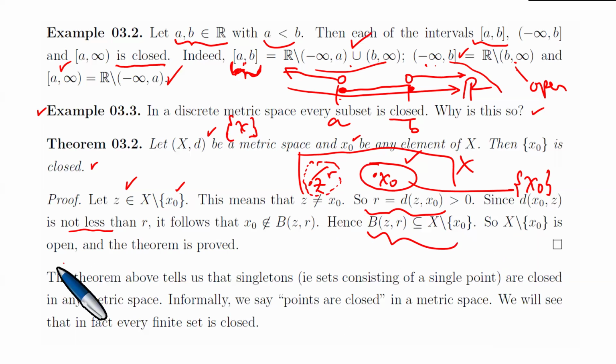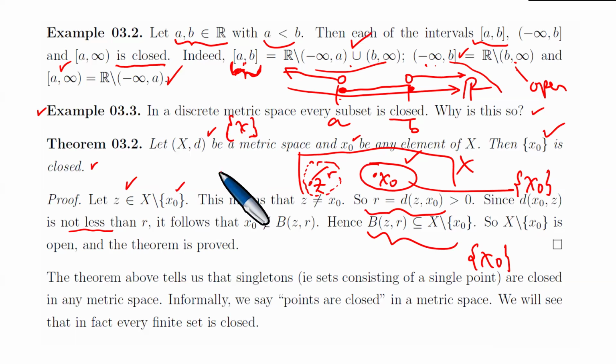Also, X minus X0 is open because each of its elements is an interior point, and the theorem is therefore proved. Because X minus the singleton is open, it means that X0 is closed. Okay, very nice little proof.